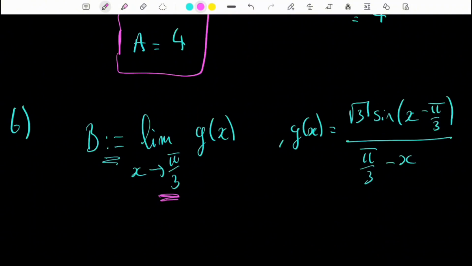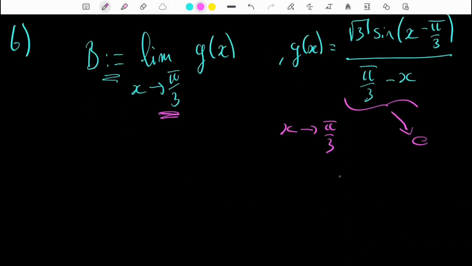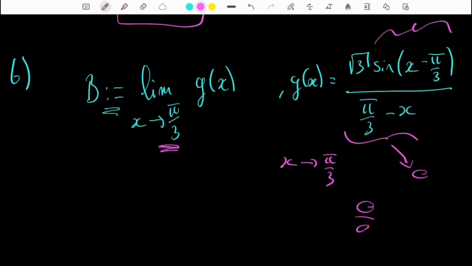Of course we have a problem, because when x tends to pi over 3, this tends to 0, and on the other side this tends to sinus of 0, equal to 0. So we have something like 0 over 0. This is undefined, but we can still solve this.